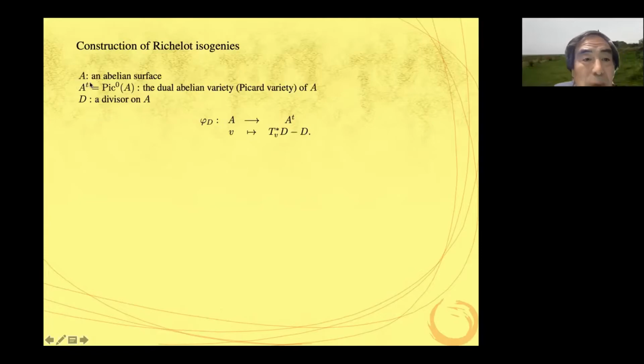So construction of Richelieu isogeny, how to construct? We consider an abelian surface A, and this is the dual of the abelian surface, the Picard group of A. And for a divisor D on A, we have a homomorphism like this. This is a well-known homomorphism. Here, T_V is translation by V. And we denote by KD the kernel of this homomorphism.